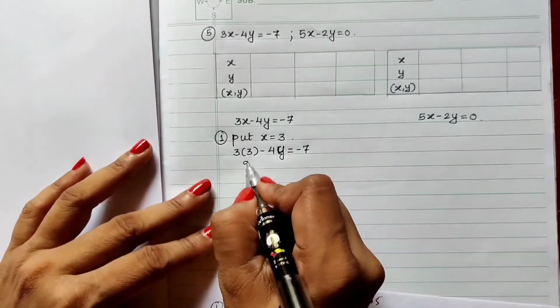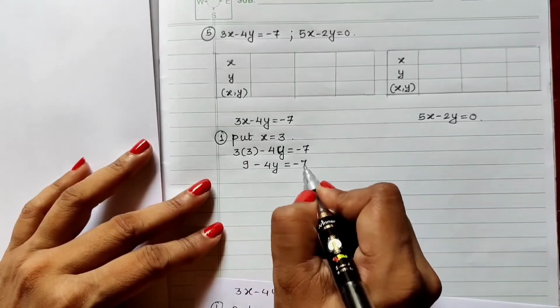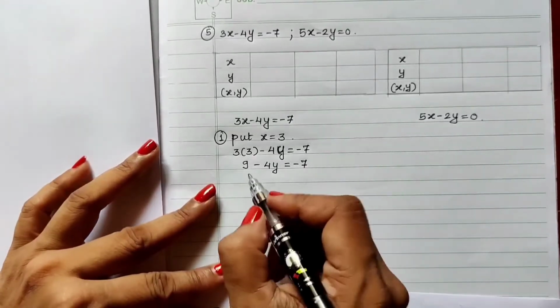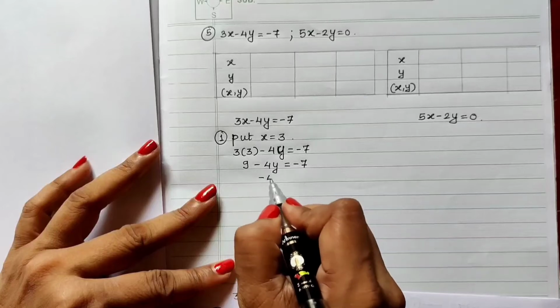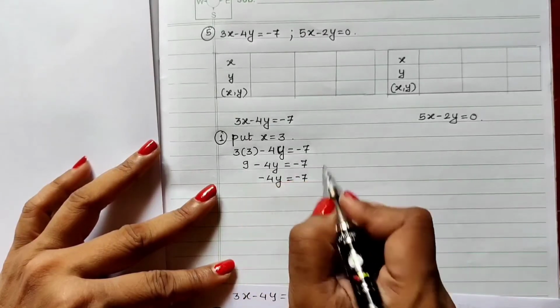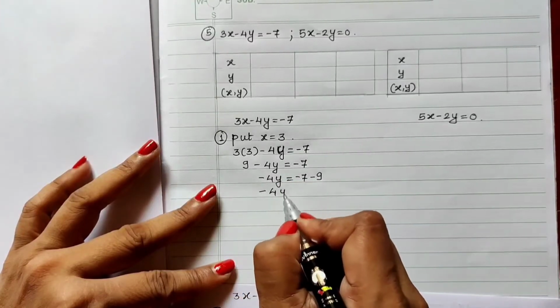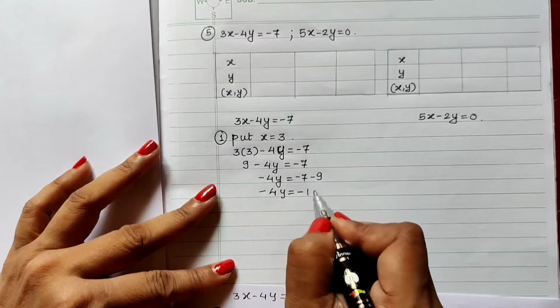Okay, so 3 3s are 9 minus 4y is equal to -7. So 9, this minus 4y as it is I am writing, minus 7 as it is I am writing, this plus 9 I am transferring, it becomes minus 9. So minus 4y is equal to minus 7 minus 9 will be minus 16.